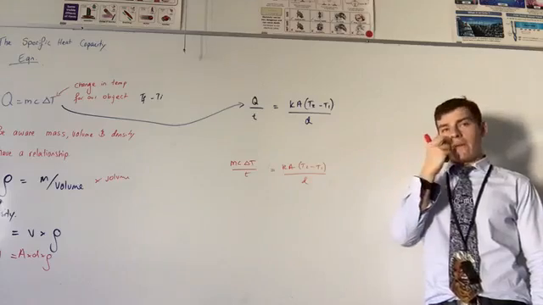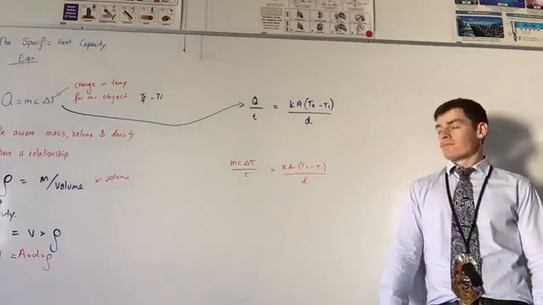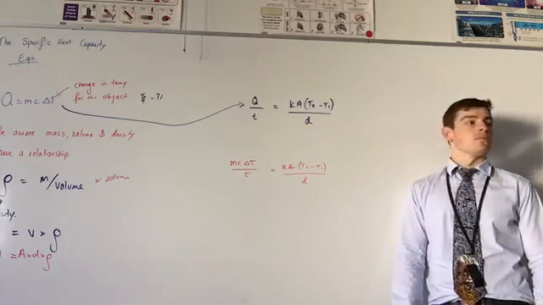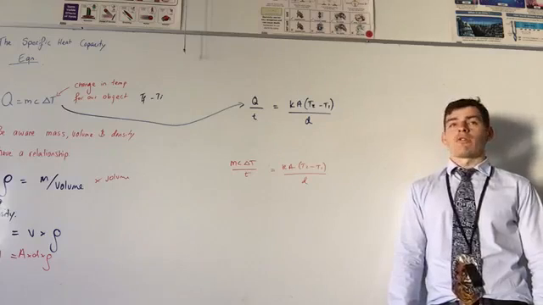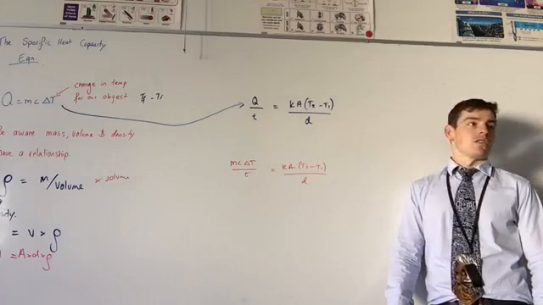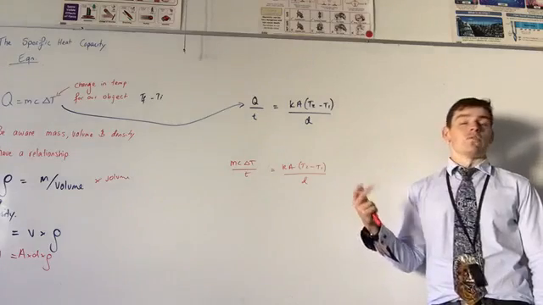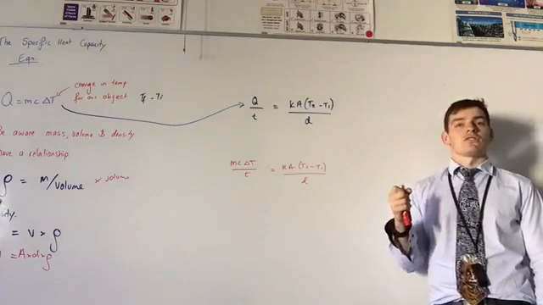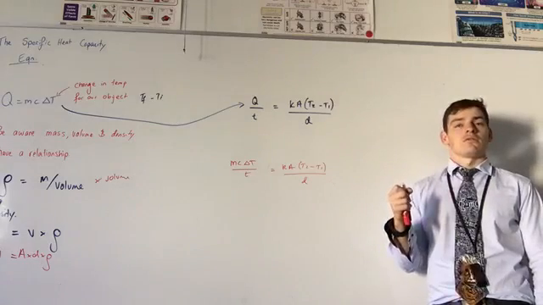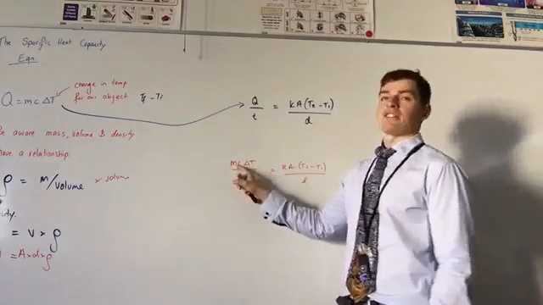What have I now got? Can I rearrange that equation to get a relationship between temperature, thickness or area, or mass if you're doing mass, and everything else is constant? Does the specific heat capacity change?